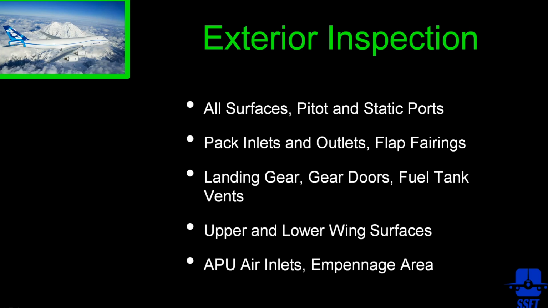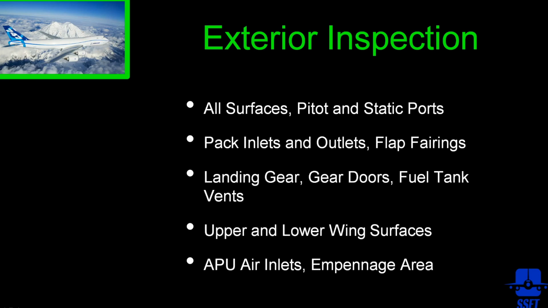For the exterior inspections, generally we pay more attention to all your surfaces, your pitot and static ports, your pack inlets and outlets, flap fairings, because that can be particularly susceptible to moisture getting in there and then freezing. Landing gear, gear doors, fuel tank vents, all these things are more susceptible to possible icing, and so we generally check them during the pre-flight.